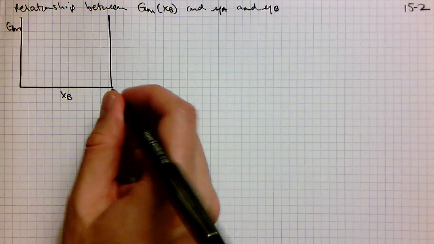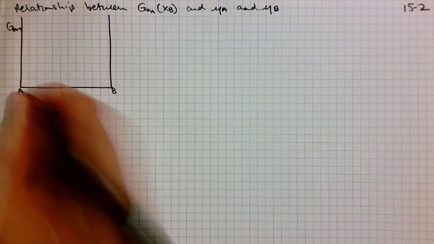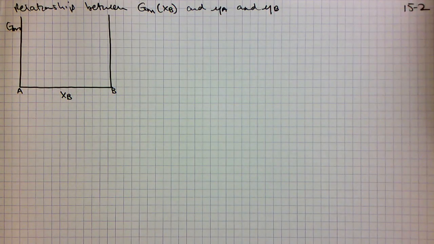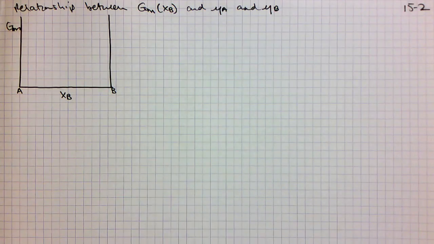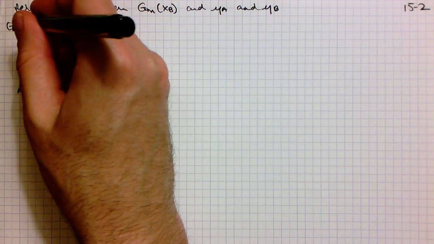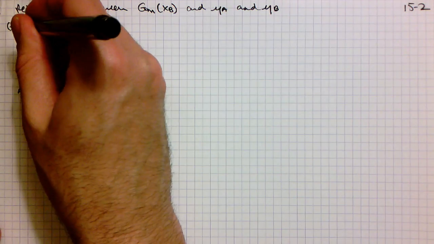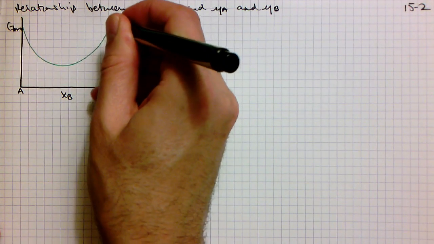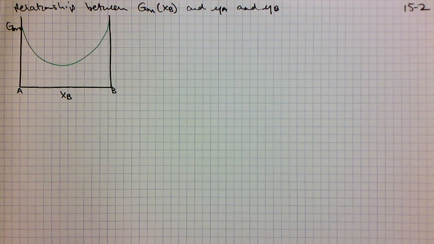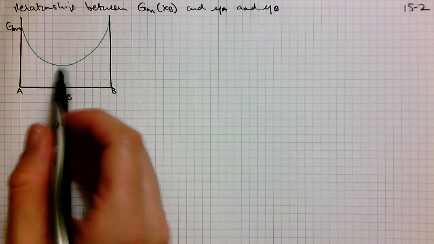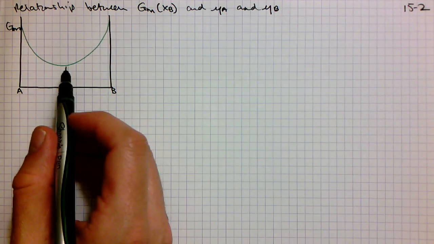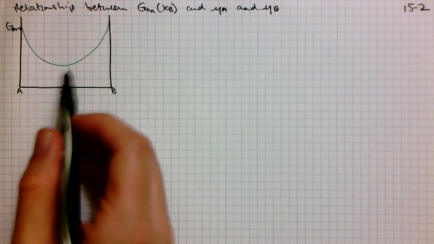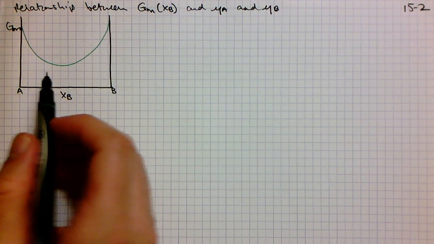So over here we have pure B, over here we have pure A, right? So if we looked at a graph like this and we plotted this free energy per mole, typically we would get a curve that might look something like this. Okay. So we know that it should be lowest in the middle because entropy reduces the free energy when we mix things, and then higher on the ends.